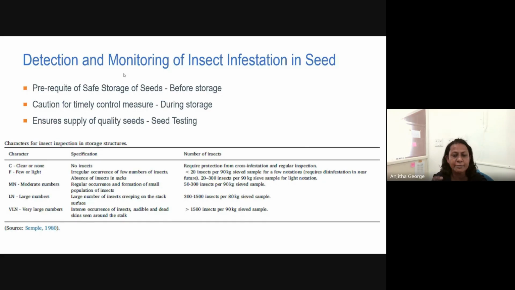If 50 to 300 insects have been reported from a 90 kg sample, we will write moderate infestation. And if it is more than 1,500 per 90 kg of seed sample, we will write very large number of insects observed.